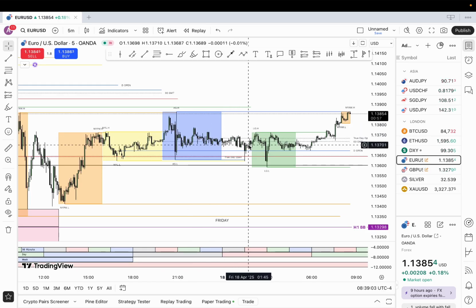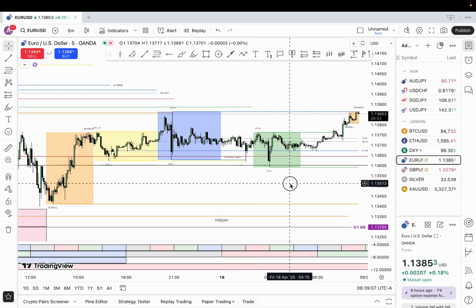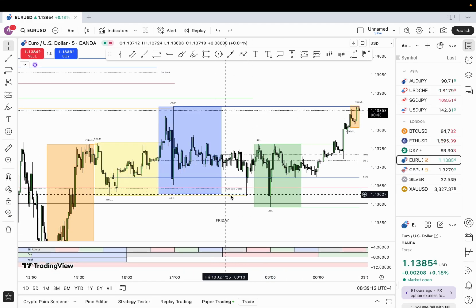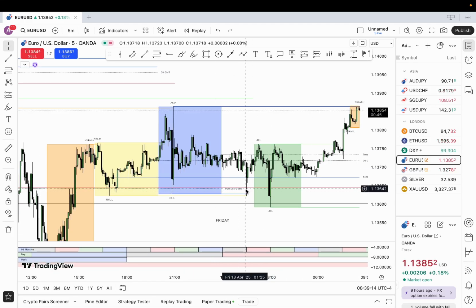Then after that we went towards here, and what happened was very curious, because we took the Asian low liquidity plus the CBTR liquidity, and we also tapped the downside, the closing price over here, the red line, you remember.